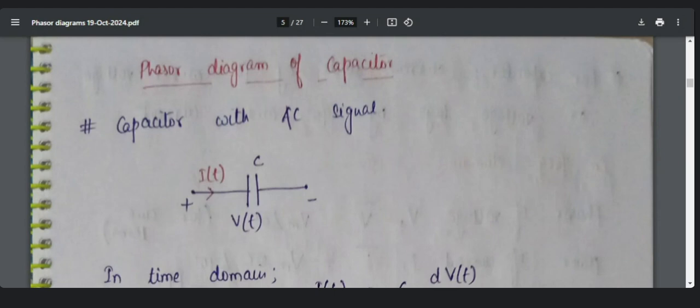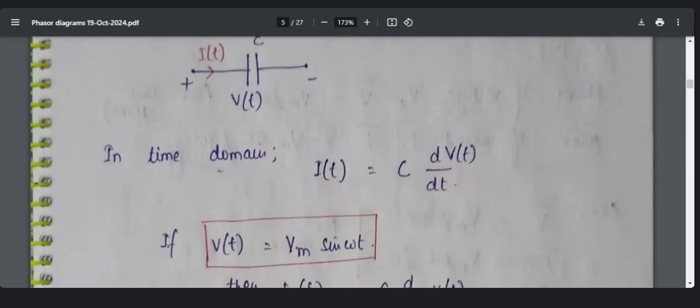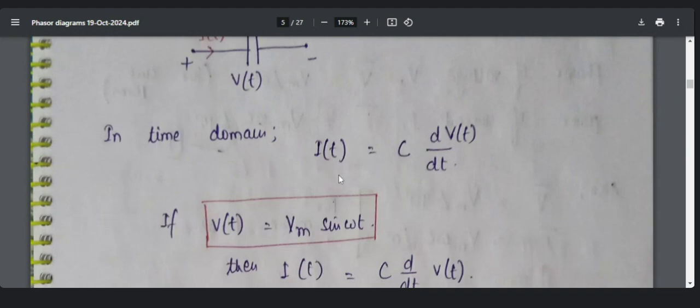Okay, okay. So if we consider the phasor diagram of capacitor, here this is capacitor, and voltage across capacitor is v(t) and the current flowing through capacitor is i(t). In case of capacitor in time domain, i(t) is C d by dt of v(t).